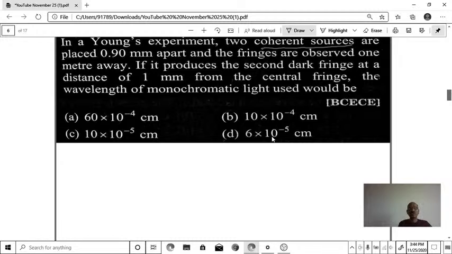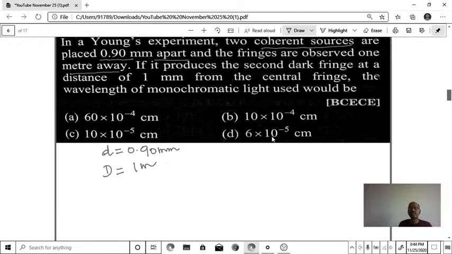So the two coherent sources are placed 0.90 mm apart, that means small d. Two sources are kept apart and fringes are observed 1 meter away, that is capital D. Small d is given, 0.90 millimeter, and the screen is kept 1 meter away, the distance between slit and screen.